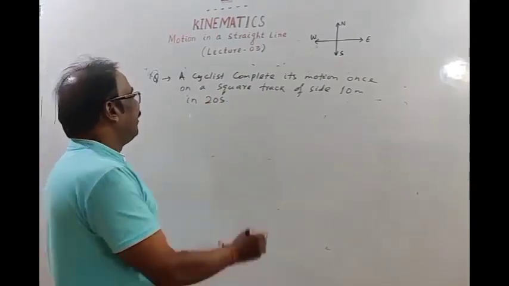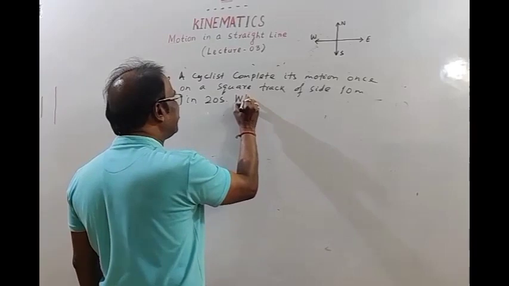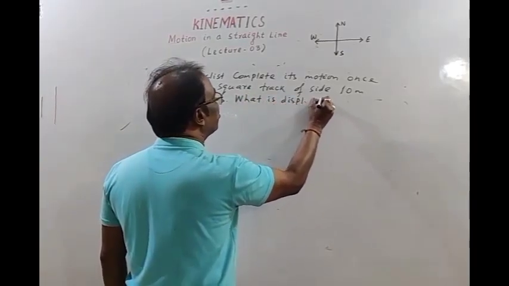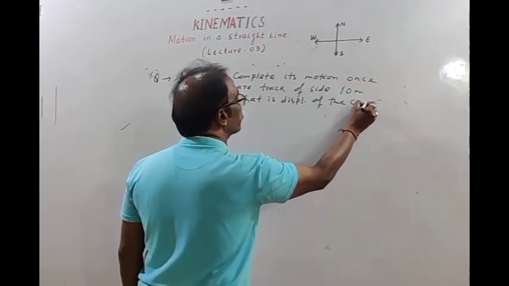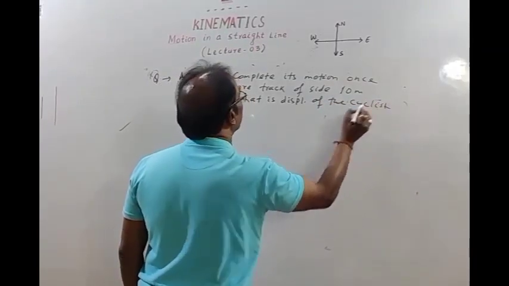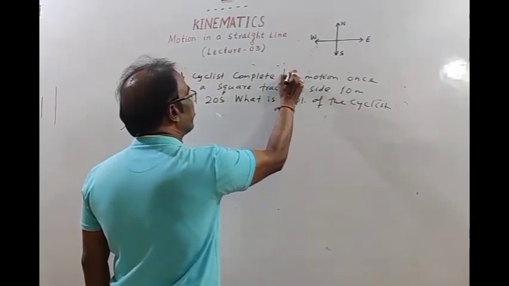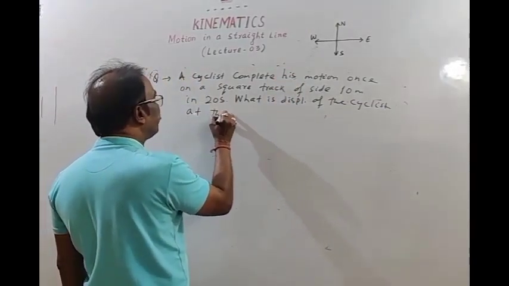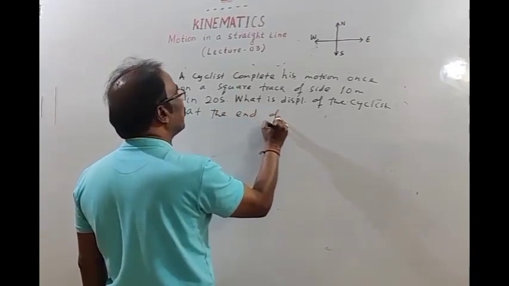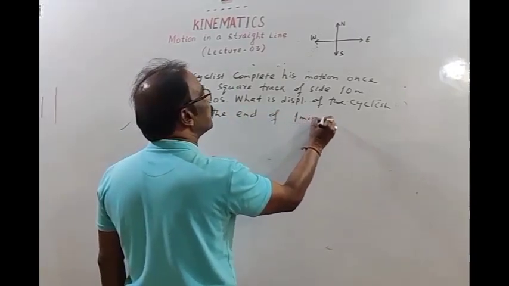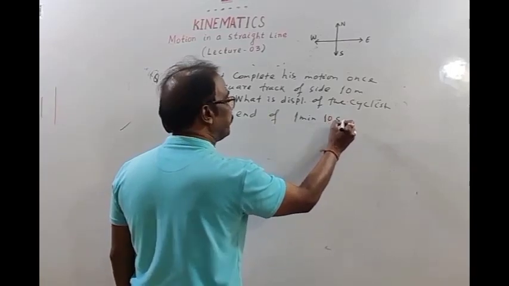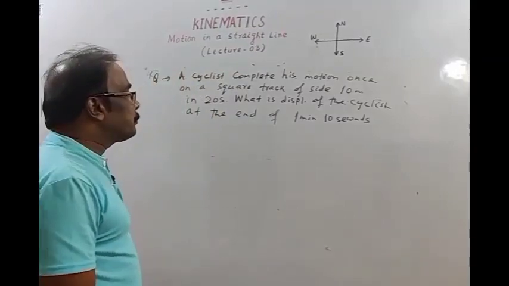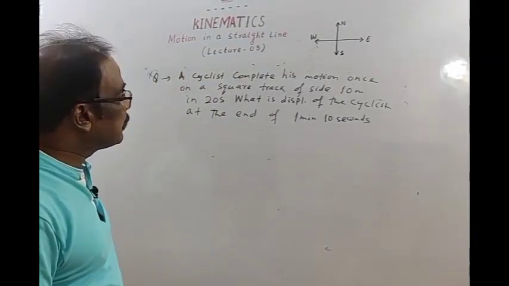Okay. What is the displacement of the cyclist at the end of 1 minute 10 seconds? We have to find the displacement at the end of 1 minute 10 seconds.